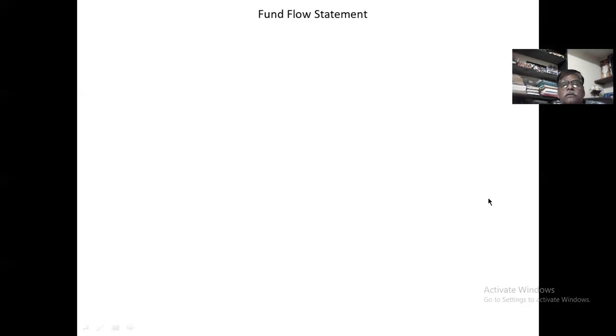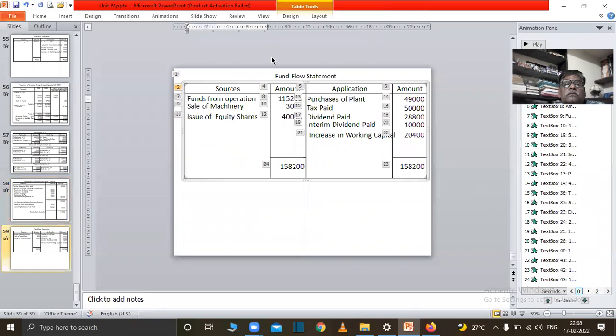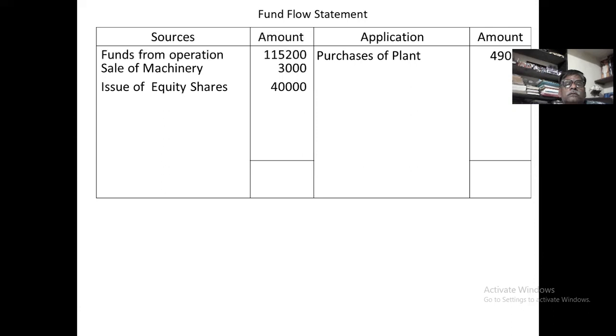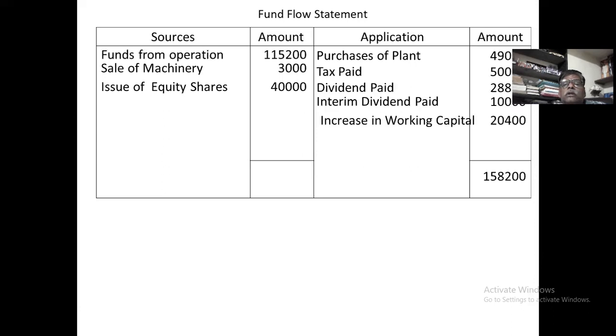Total is 1,58,200. Okay. And in this case, the decrease in investment I have not recorded. Decrease in investment is adjusted in reserves. So there is no fund flow. There is no movement of funds. Therefore, that item will not be covered. Okay. Like this, you complete the problem.